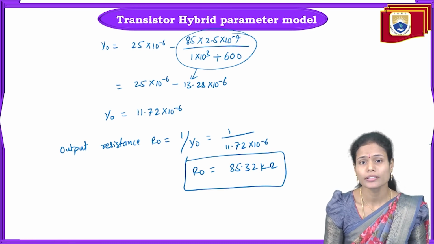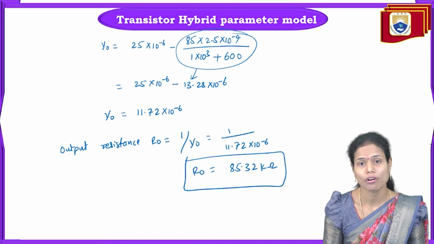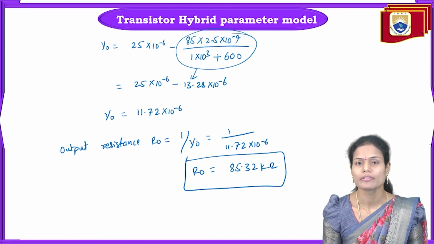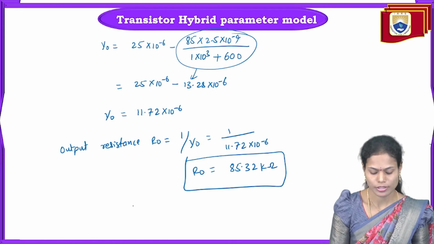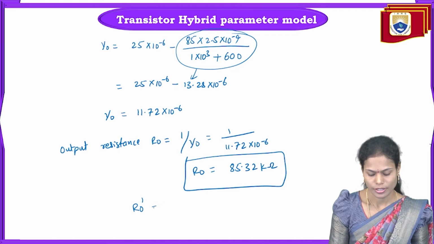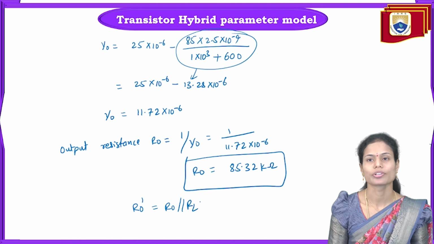But if we find the overall output resistance of the circuit, this is from the transistor itself. If you want to find the total amplifier output resistance, that is R0 dash. I have already mentioned it is the parallel combination of R0 and the load resistance.